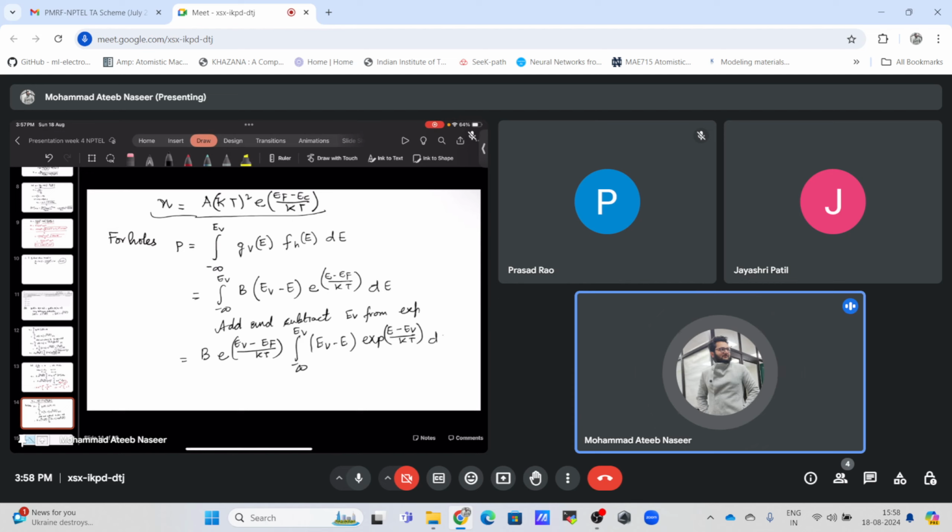I have done 2 or 3 steps in just one step because we did it previously. I have added and subtracted EV, and I have taken this energy independent term outside because it is independent of E.